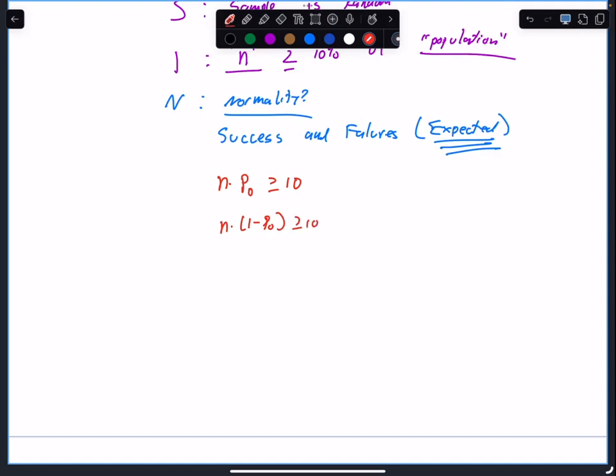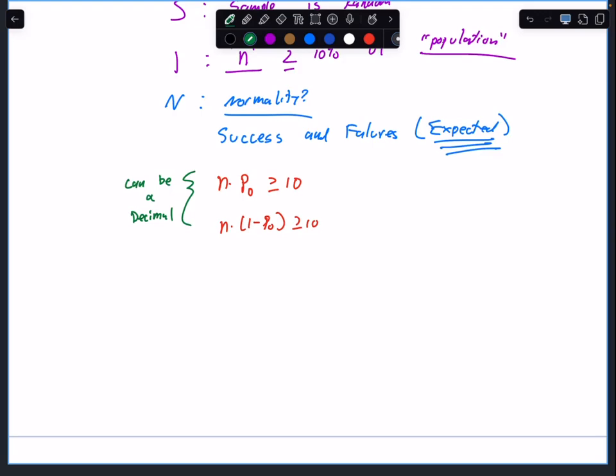And I know it looks very similar, but it is based on P0, not the observed. And most likely it will be a decimal. It could be an integer as well. But most likely it's going to be a decimal because in the previous one, I told you it can't be a decimal.